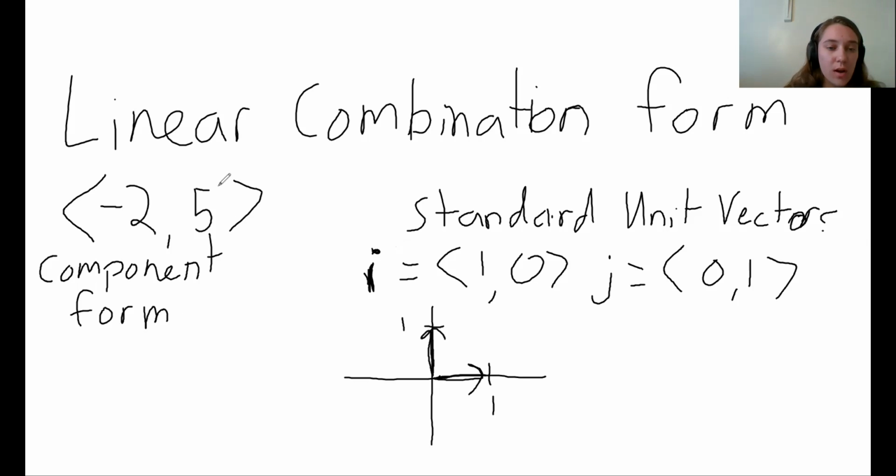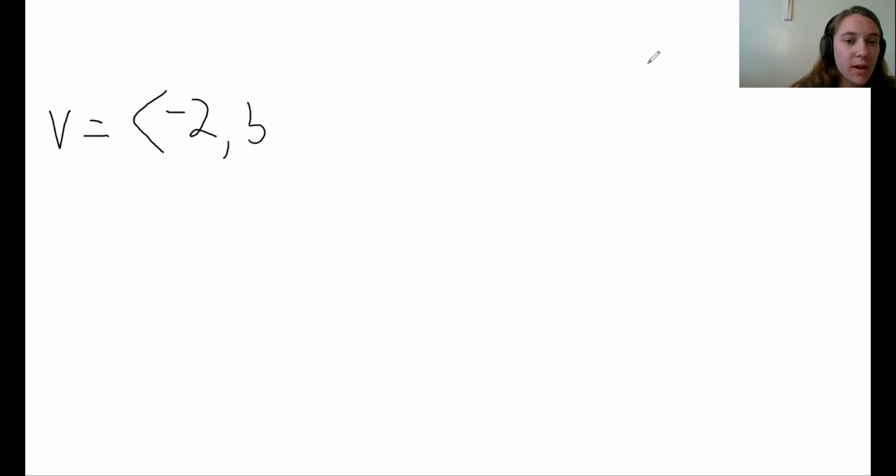And so I'm going to go over how to convert between component form and linear combination form. I'm going to clear this off. Let's work with our vector -2, 5 again.